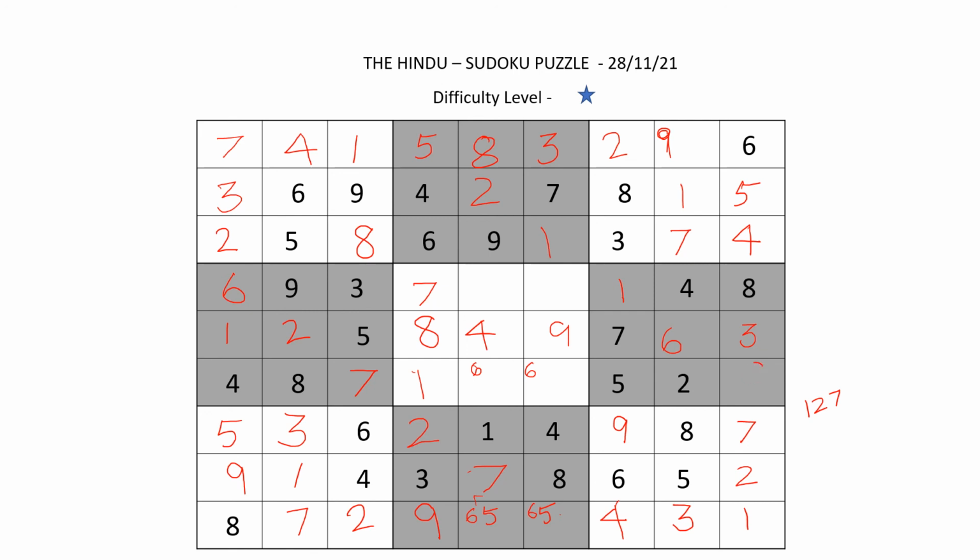So now there are 2 cells missing here, which is actually 1, 2, 3 and 6. Since you have a 3 here, this obviously takes a 6. And this becomes a 3.